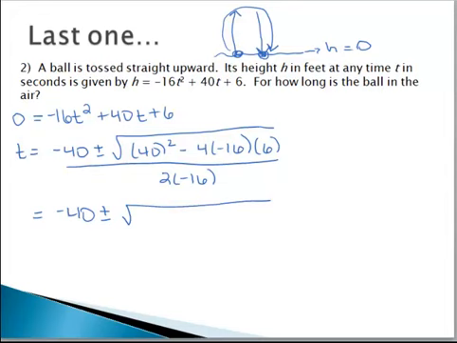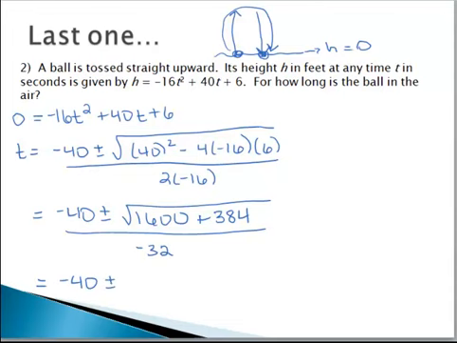40 squared is 1600. 4 times 16 times 6, that would be 384, and it's positive, and that's all over a negative 32. 1,600 plus 384 gives you 1,984, and that's all over negative 32.